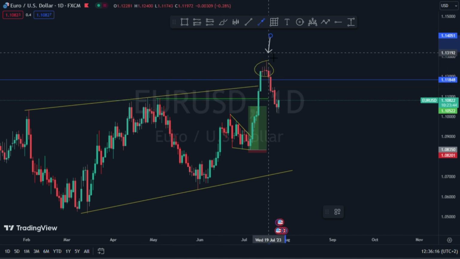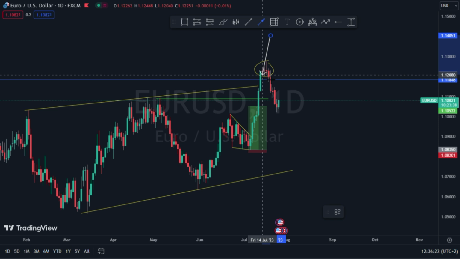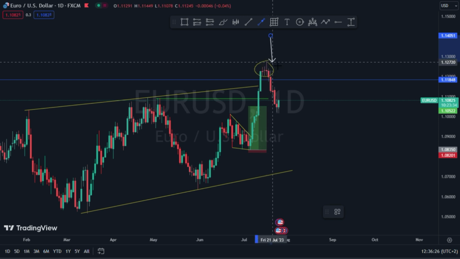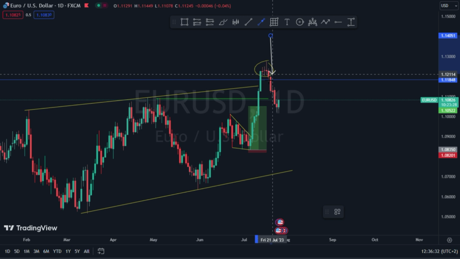When we go onto those smaller time frames, there is a whole lot going on on this candlestick rejection. If we are too zoomed in, we won't be able to see this candlestick rejection or this candlestick pattern.